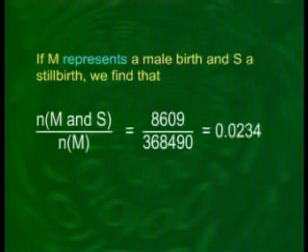When we defined independent events, we said that if the conditional probability is the same as the unconditional probability, then the two are independent. So let us see whether this equation holds in this problem. As you now see on the screen, the total number of male births is 3,68,490.